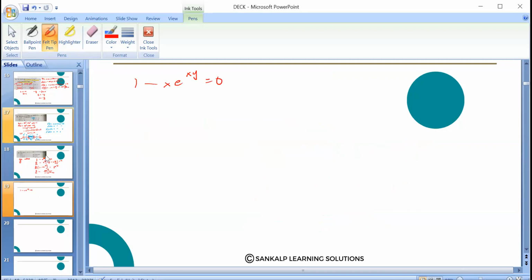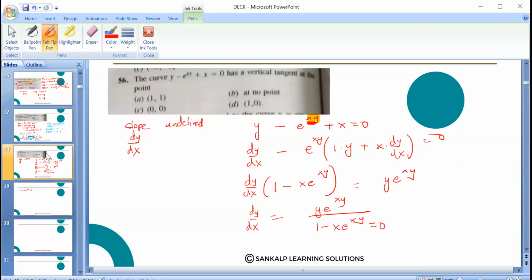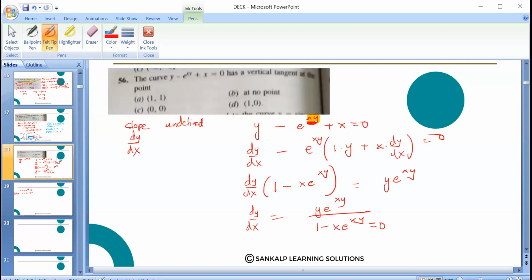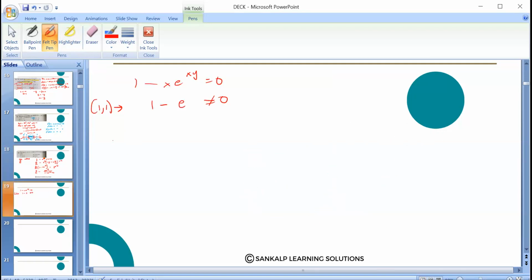So when it happens, see the options. If you take 1, 1, will it happen? Put 1, 1 here. 1 minus e power x is 1, y is 1. So this is not 0. Option A is not correct. Put 0, 0. 1 minus 0.